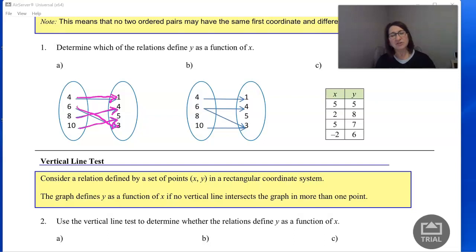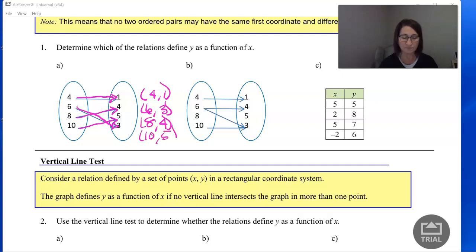Okay, so there are no x's that are repeated. If we were to create ordered pairs, it would just be 4, 1, 6, 3, 8, 4, 10, 5. And so we say, yes, that's a function.